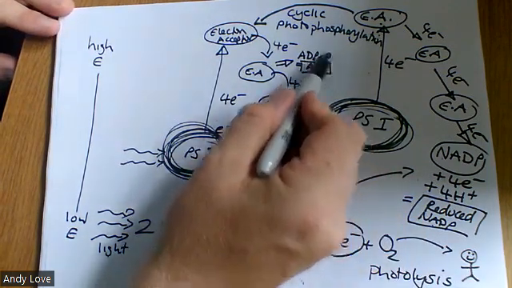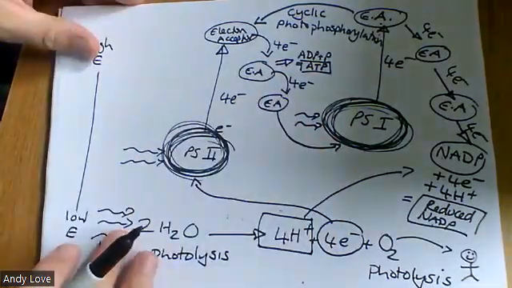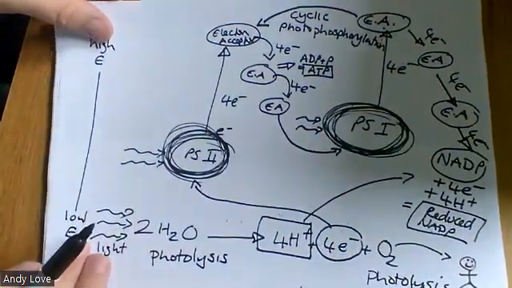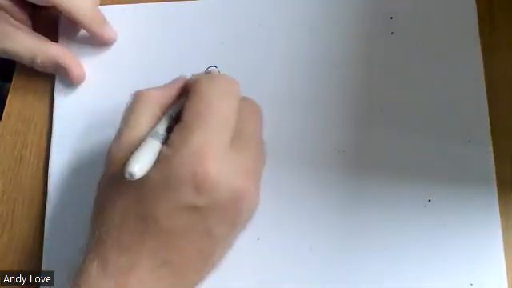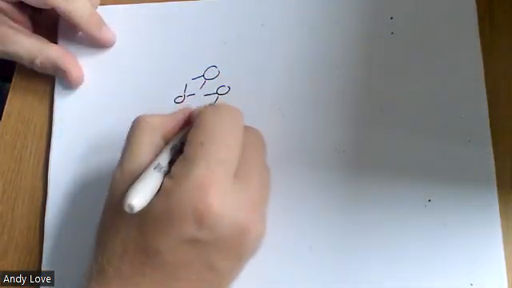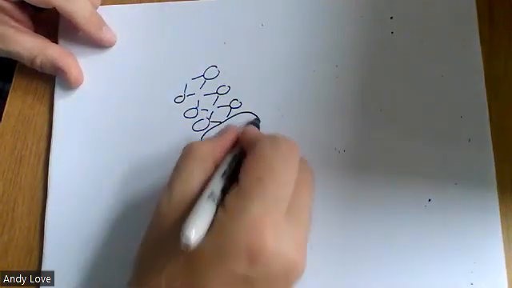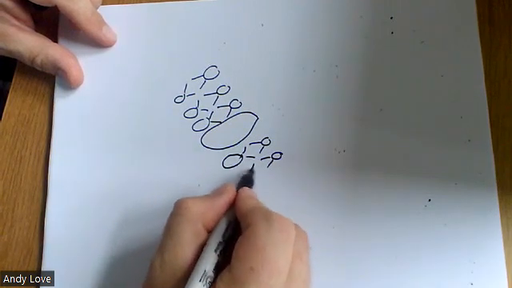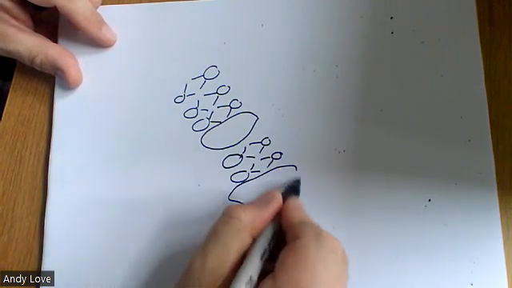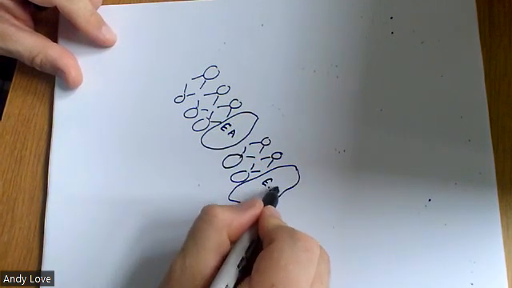Now, let's have a look a little bit more closely about this part, because I think it'll help you with respiration when that comes on. All right, let's have a look at that. So I'm going to draw a bit of a membrane. Okay. And we're passing it down to a series of electron carriers. I'm only going to draw 2 electron carriers. Okay, electron acceptors.